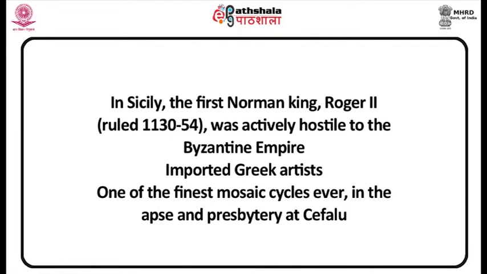In the apse and presbytery at Cefalù, the permeation of Byzantine art into Russia was initiated in 989 by the marriage of Vladimir of Kiev with the Byzantine princess Anna, and his conversion to Eastern Christianity.